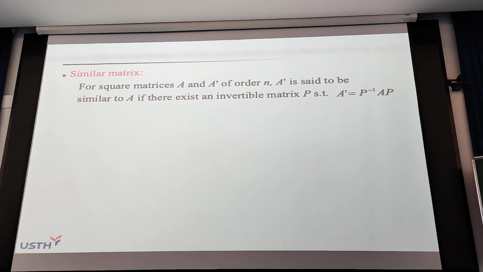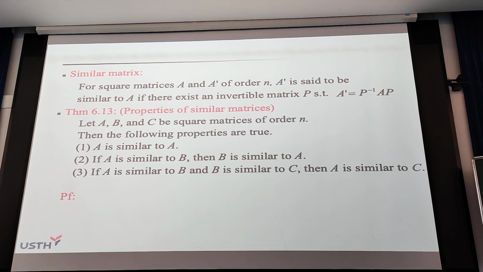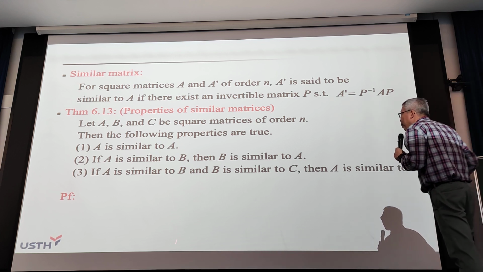That is the reason why they define similar matrices here. Now we have the following claim. A matrix A is always similar to itself. It's very easy.